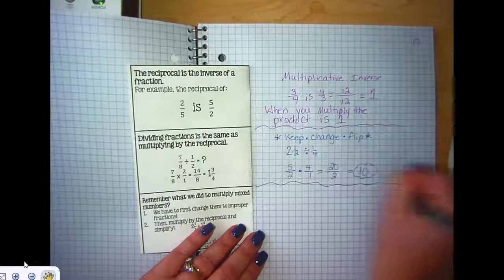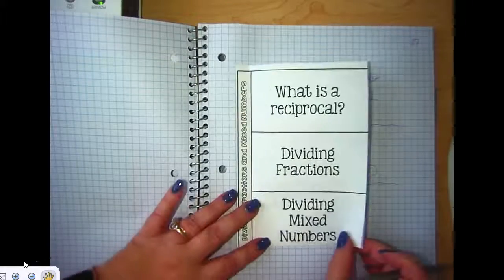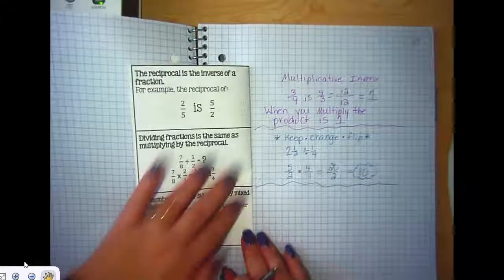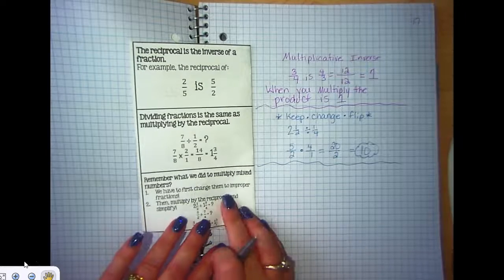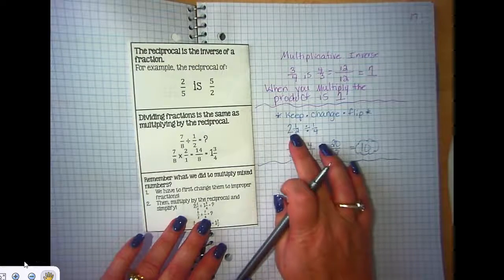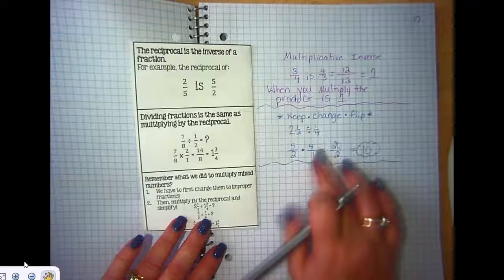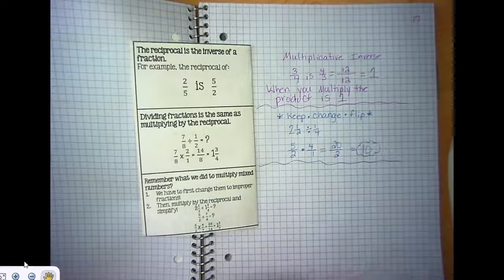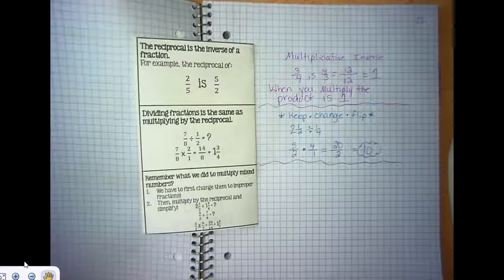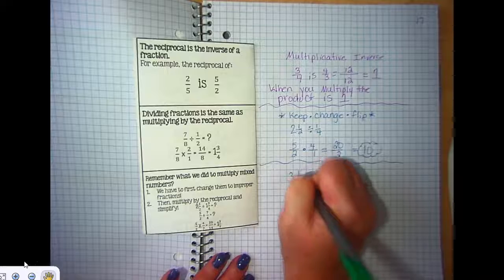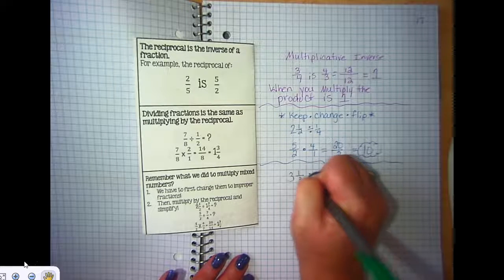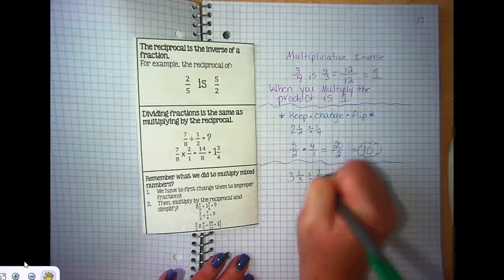And then the last thing that we're going to look at is dividing mixed numbers. Remember to change them to improper fractions. Well, we just did that there. Multiply by the reciprocal and then simplify. So let's try another example of that, maybe one that might be a little bit harder. 3 1/3 divided by 2/3.